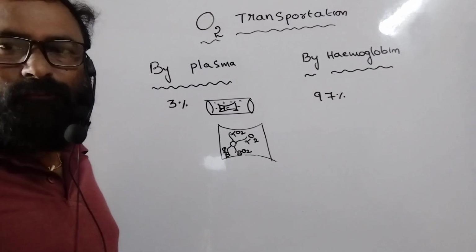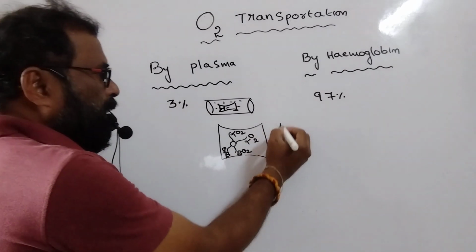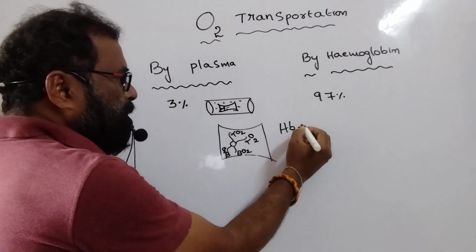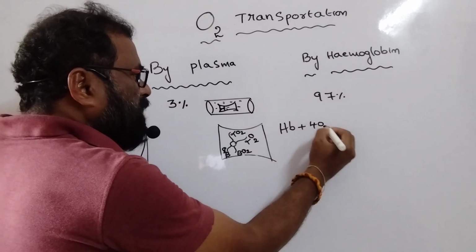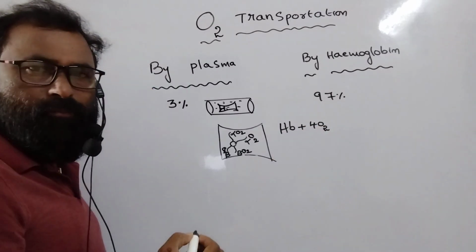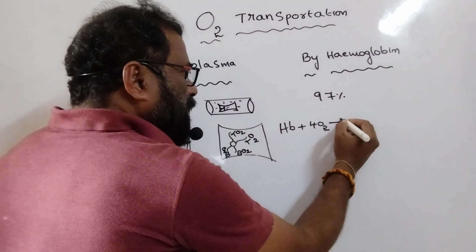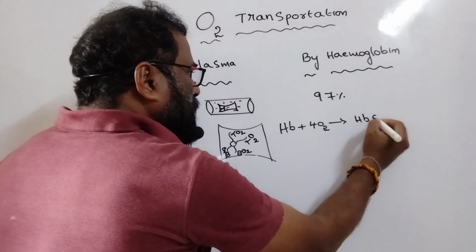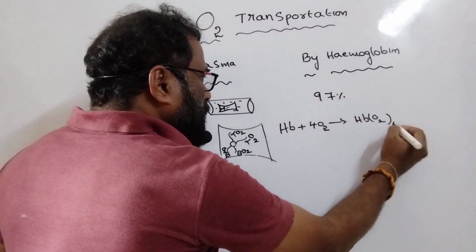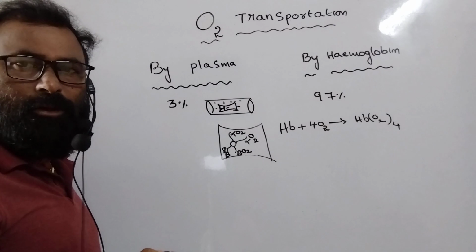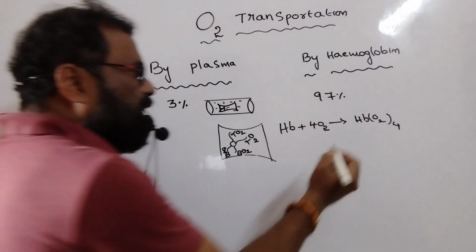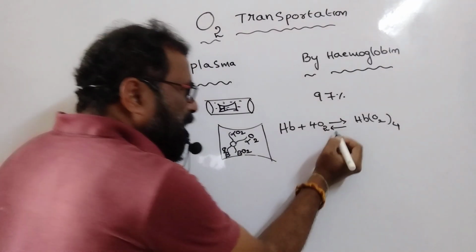For hemoglobin to be satisfied, it should combine with 4 moles of oxygen, converted into HbO2, taken 4 times. It is a reversible reaction.